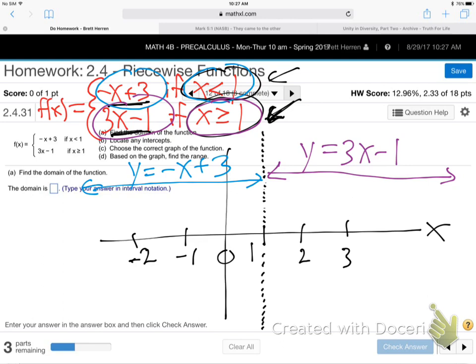For x values less than 1, use this. For x values greater than or equal to 1, use the 3x minus 1. So it's really helpful to just put that right on your graph, I think. And then we just have to basically do two little graph things and connect them up. Okay, so let's do that.